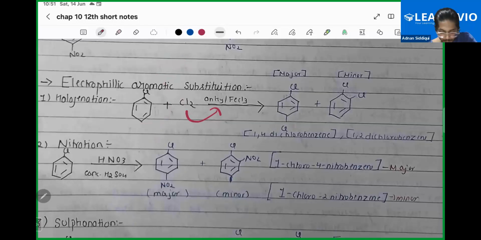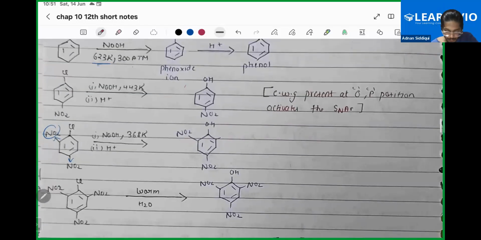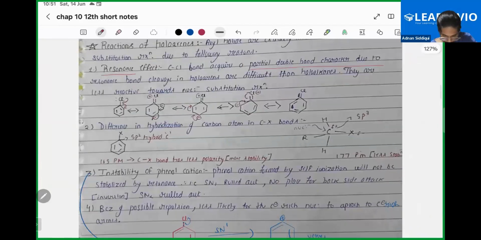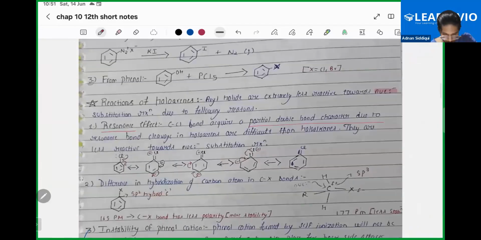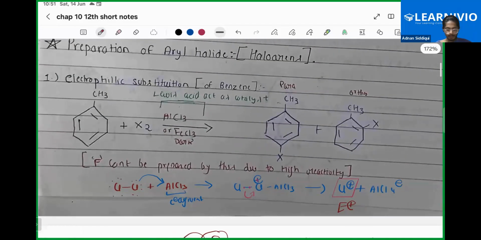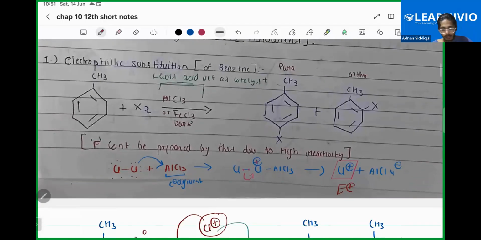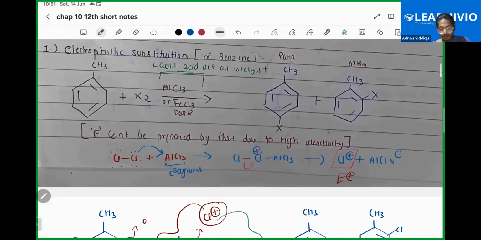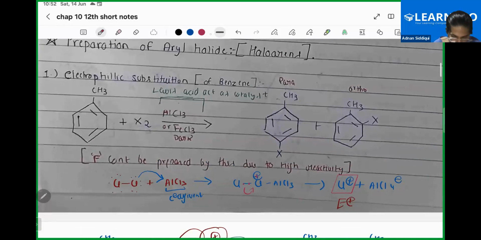Is it clear? See this thing. This will convert into Cl positive. This Cl positive is the species which is attacking at the ortho position and at the para position, right?